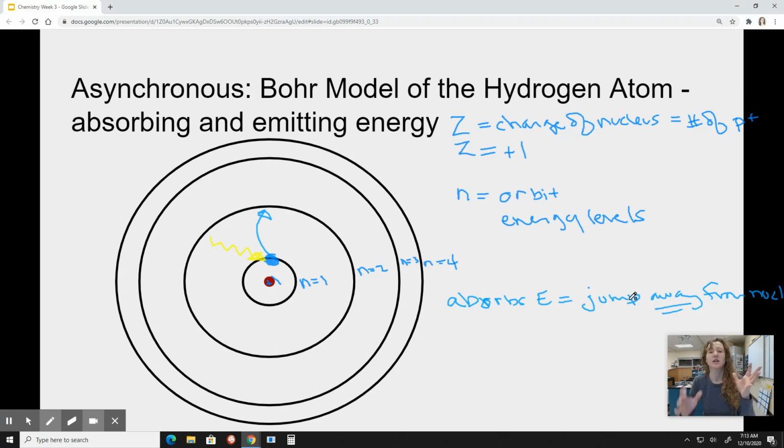Okay, when the electron absorbs energy, the electron is actually going to move away from the nucleus. And so the electron is no longer in our first energy level. Now the electron can be found in the second energy level. Okay, now when the electron is as close to the nucleus as it can be, that's called the ground state.